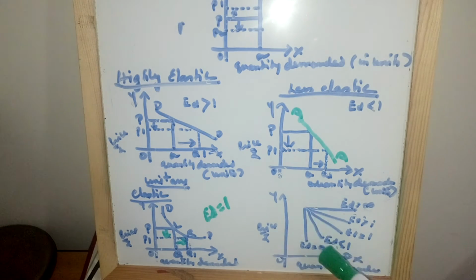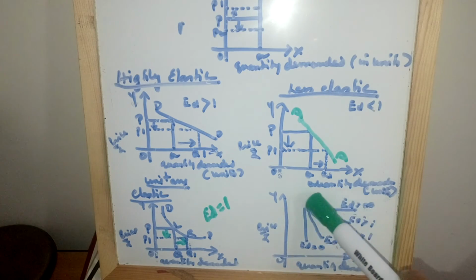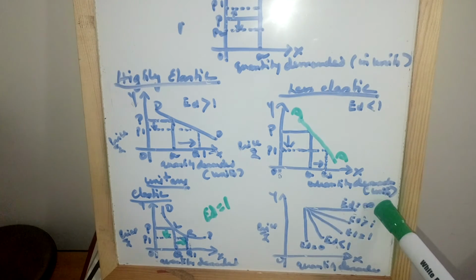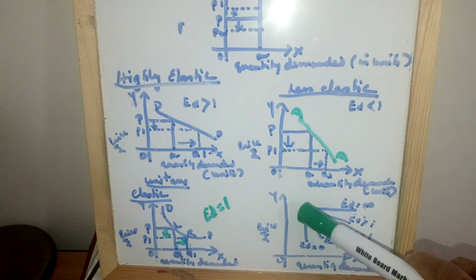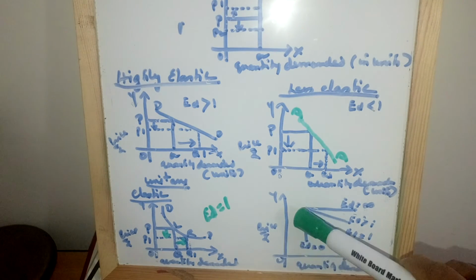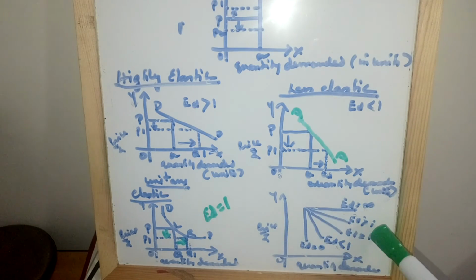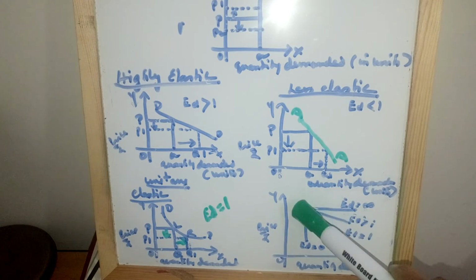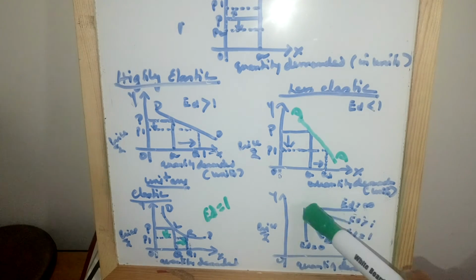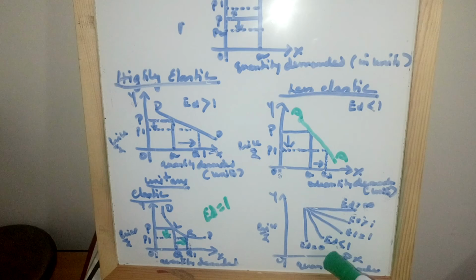That is a steeper curve. First one, you find horizontal and parallel to the x-axis when it is infinity. When it is 0, it is parallel to the y-axis. When elasticity is more than 1, the slope is gentle. When the elasticity is less than 1, you find a steep slope.